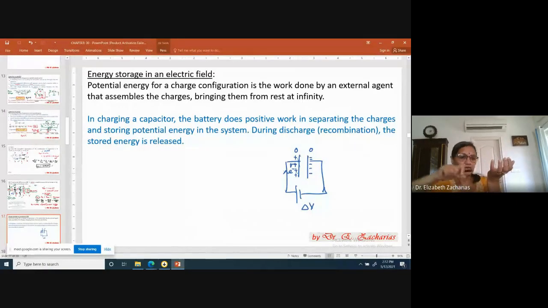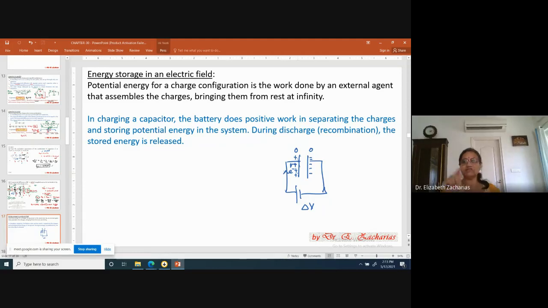Now, if an external agent applies a force and pushes it, it is doing positive work, force and displacement in the same direction. What happens to the block when you push it? It starts moving. That means it's just got kinetic energy now. So work is a way of putting energy into a system.